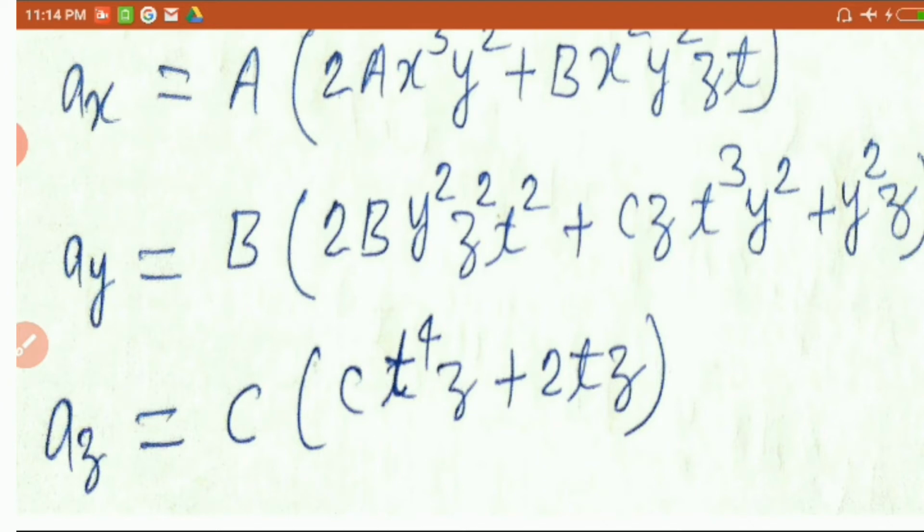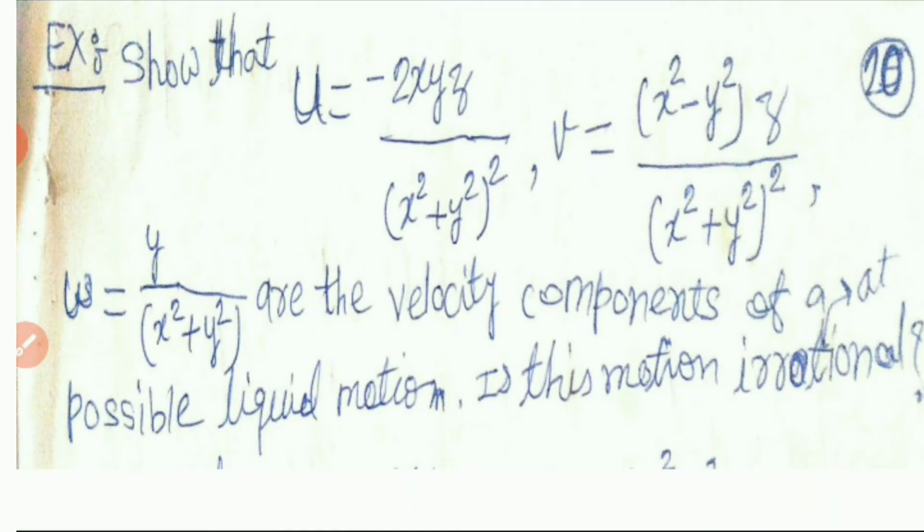Now we'll take another example. Show that u is equal to minus 2xyz upon x square plus y square whole square, v is equal to x square minus y square in bracket z upon x square plus y square whole square, and w is equal to y upon x square plus y square are the velocity components of a possible liquid motion.